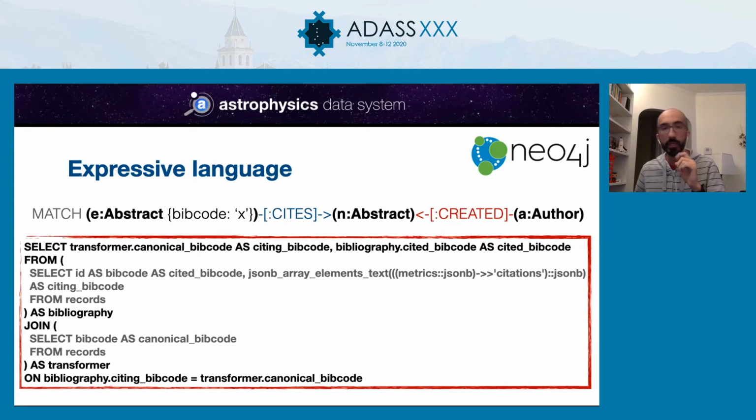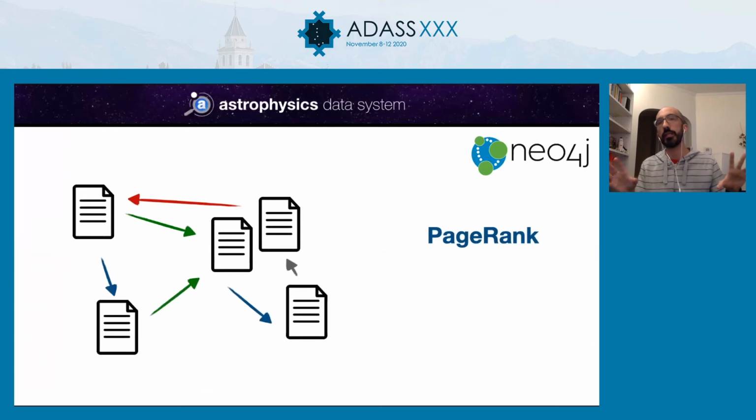Something interesting, once you have all the data in Neo4j, is that you can apply algorithms that Neo4j provides for data analysis. For instance, we can very easily apply the PageRank algorithm. This is an algorithm that is going to detect nodes, or in this case abstracts, in our network that have a higher importance.